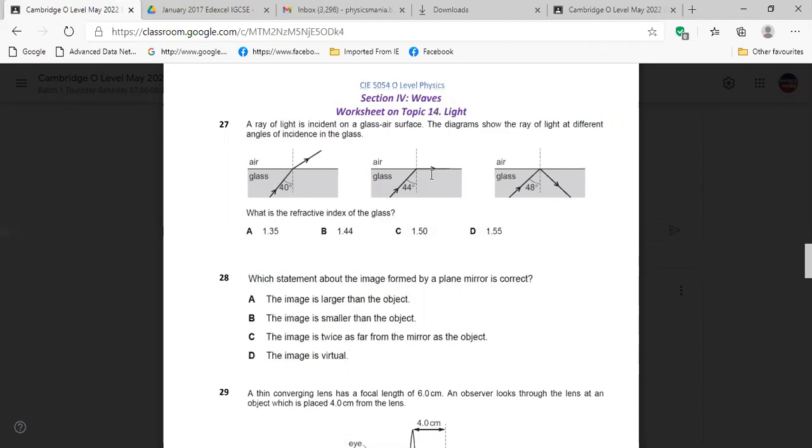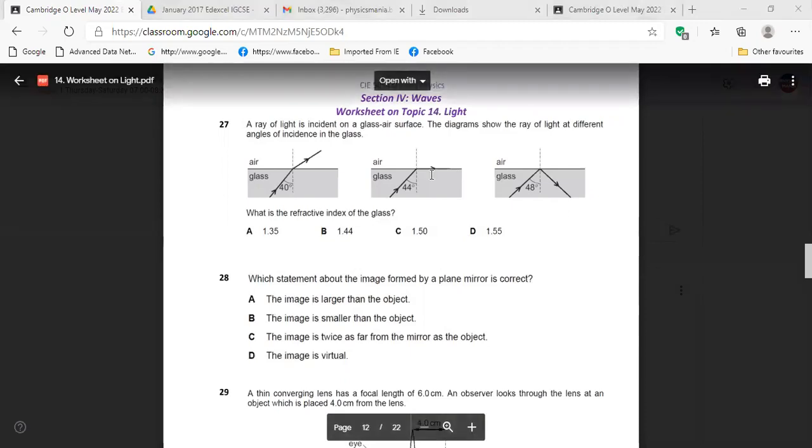First write the formula: n equals 1 by sine C. Then 1 by sine 44 degrees.